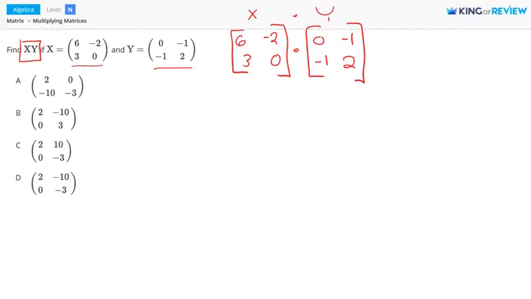So the product of two matrices is defined as long as the number of columns in the first matrix is equal to the number of rows in the second matrix.